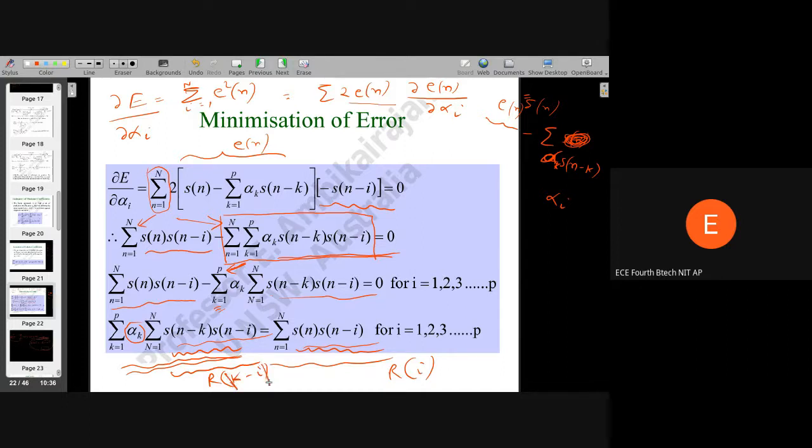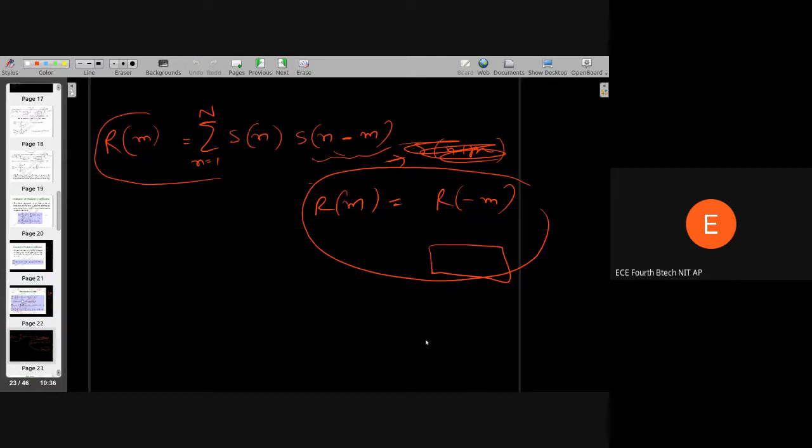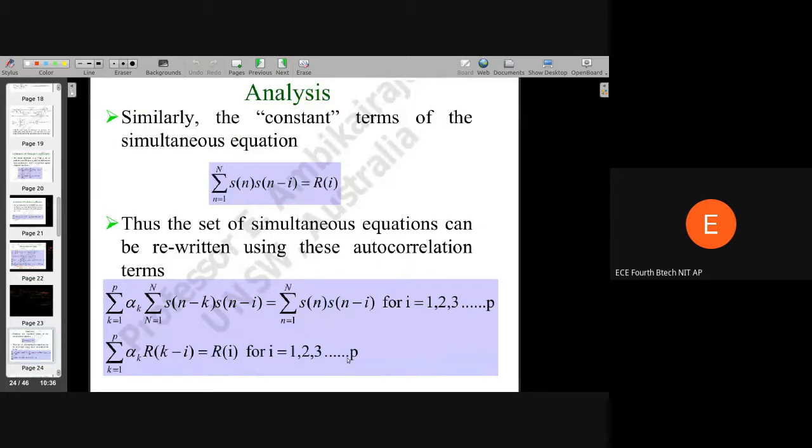Actually, you can put a modulus here, but for convenience let's say k minus i. So R of k minus i is this term, and this is R i. So your whole equation now becomes very simplified. So your set of equations, del E by del alpha i equal to 0, where i equals 1 to P, from that you get this set of equations.